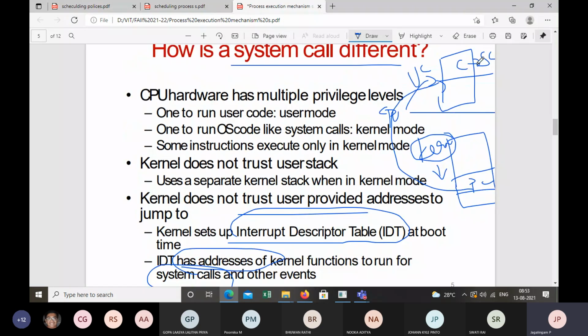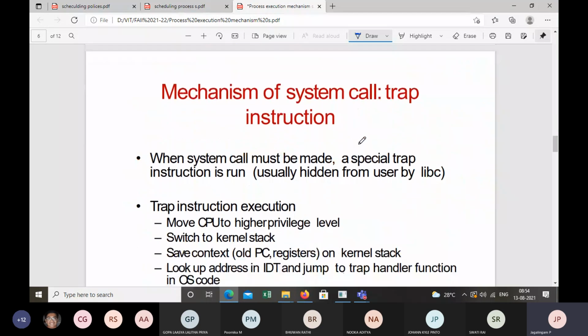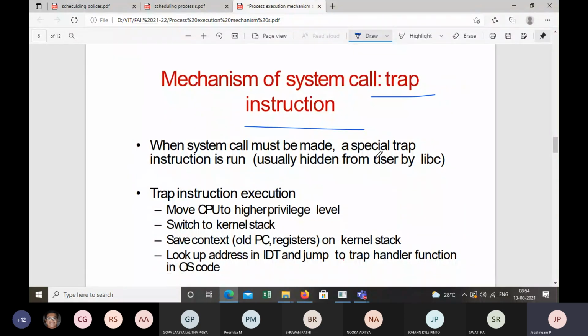Now in the user program, if the user invokes the write system call, then this IDT will have the address of the write system call. Therefore, the CPU directly jumps to that address and executes that. Okay, fine. So we also tried to understand what is the trap instruction, right?